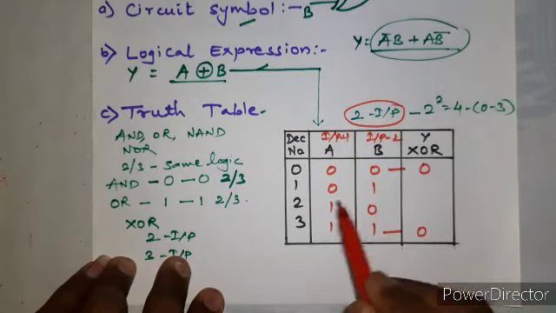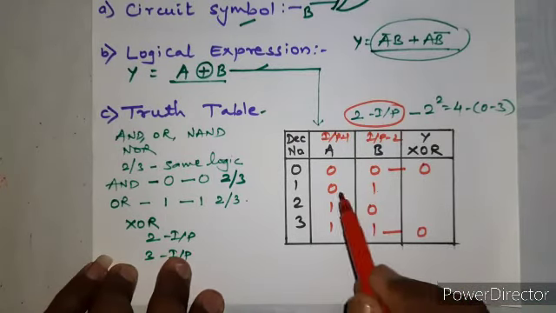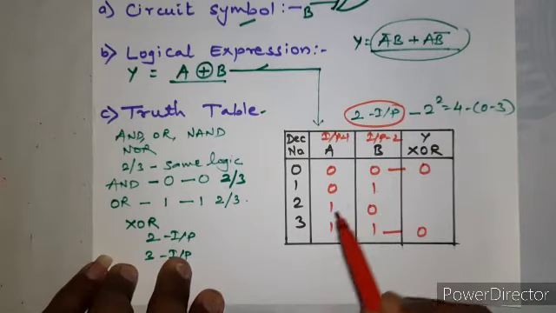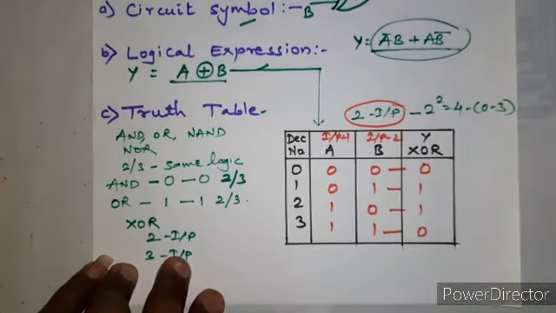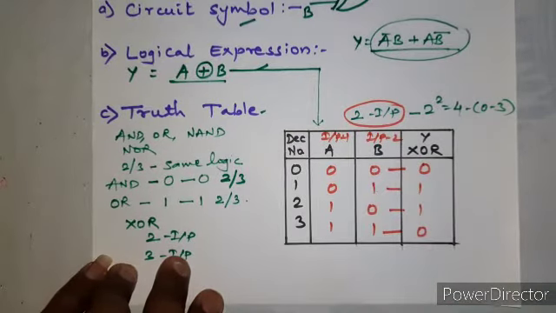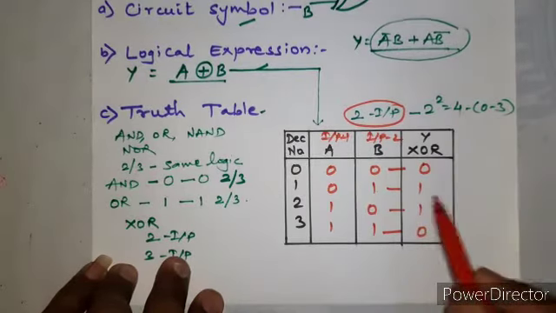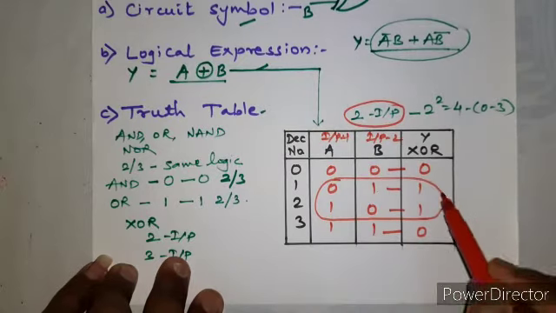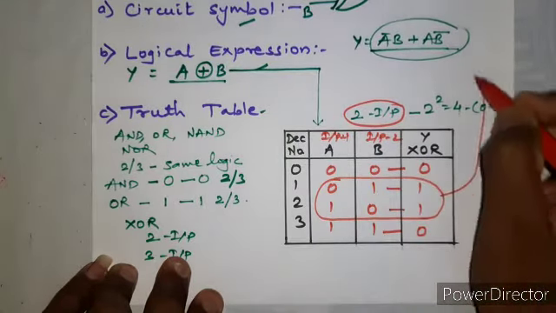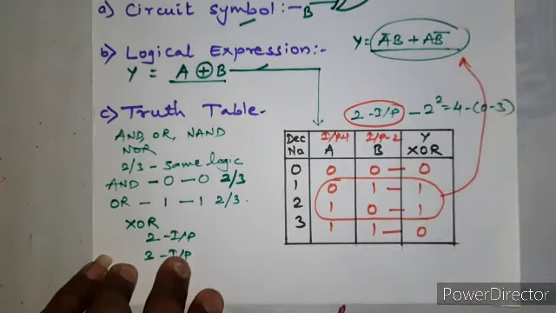And if the inputs are different, either 0, 1 or 1, 0, the output is 1. So this is the truth table for the XOR gate, right? And from these 2 inputs we have drawn this equation.